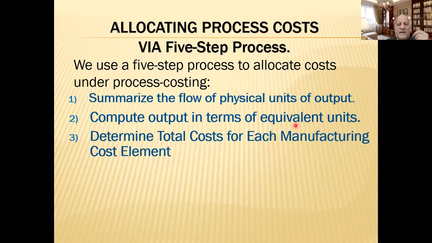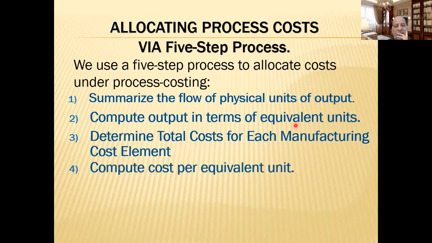Thirdly, determine total costs of each manufacturing cost element: the total cost of direct materials, the total cost of labor, and the total cost of manufacturing overhead. The 4th step is to compute cost per equivalent unit by dividing the total cost of each cost element by the equivalent units of this cost item.